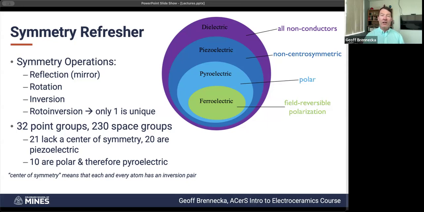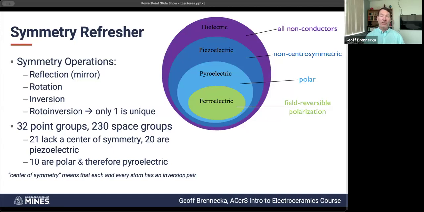So you cannot tell just from crystallography if a material is ferroelectric or not. You can tell piezoelectricity just from crystallography with no other information. If you know its point group, you know for sure whether it can be piezoelectric or not. You know for sure whether it can be pyroelectric or not. But in order to be ferroelectric, you actually have to experimentally switch the direction of the polarization.